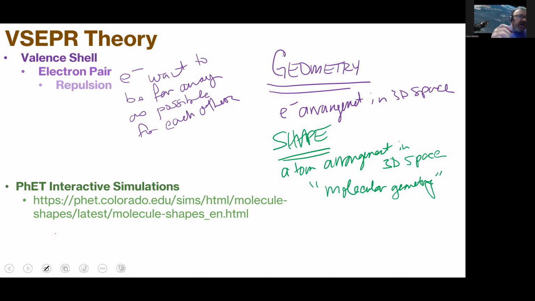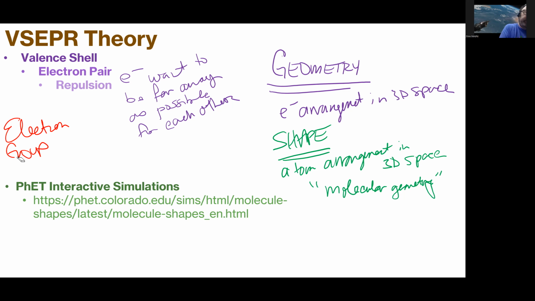Additionally, what we're going to have to do is be able to count what I call electron groups. Depending on what book we're using, they're called different things. But we're going to have to worry about electron groups.